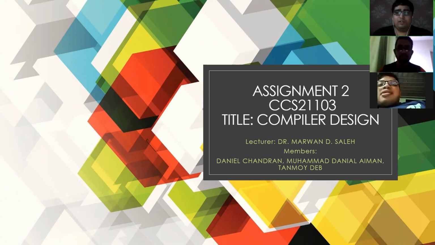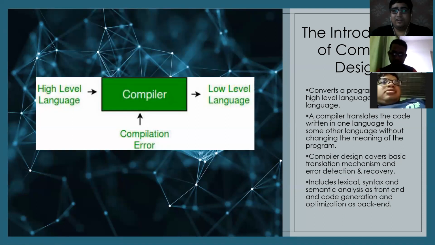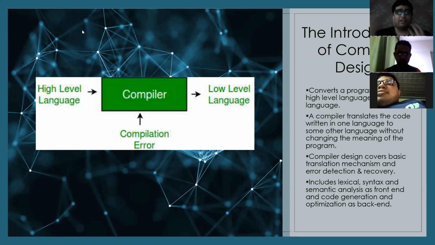Today, we will talk about our assignment 2, whose title is Compiler Design. This is the introduction to compiler design. A compiler is a program that converts a high level language to a low level language, translating from one language to another without changing the meaning of the program.